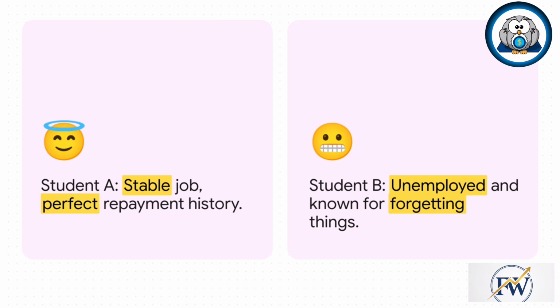You've got student A, who has a steady job, perfect repayment history, the whole nine yards. And then there's student B, unemployed, maybe a little forgetful. Now, who are you going to charge more interest? Student B, right? Exactly. That extra amount you charge student B, that is the default risk premium.